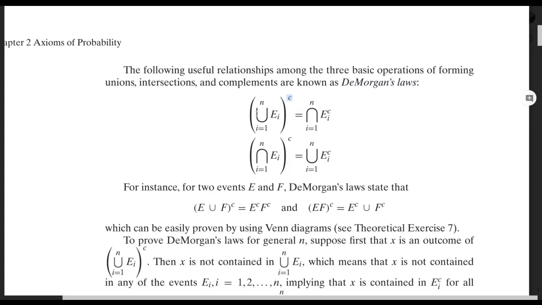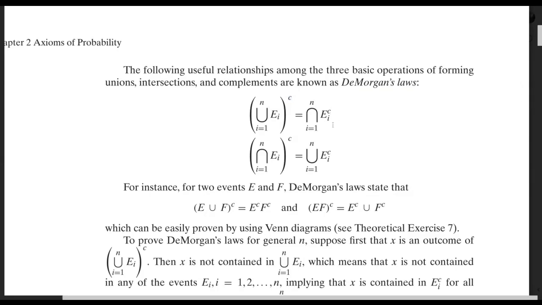The complement of the union of all n events, E1, E2 up to En, equals the intersection of all the complements of the events.